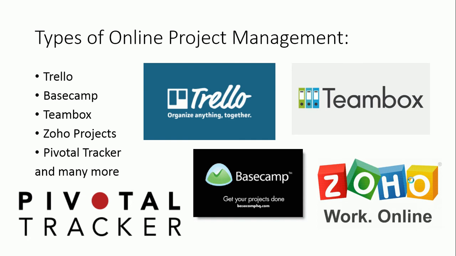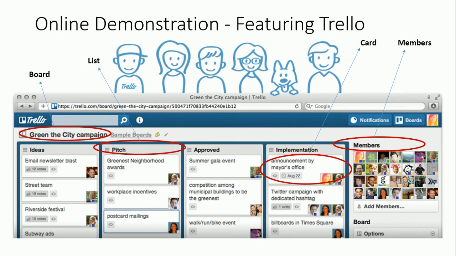Teambox is an online project management and storage tool. Zoho Projects is another alternative. And we also have Pivotal Tracker, an agile software project management tool for software developers. These are some examples of online project management tools, and for today, we will only showcase one, which is Trello.